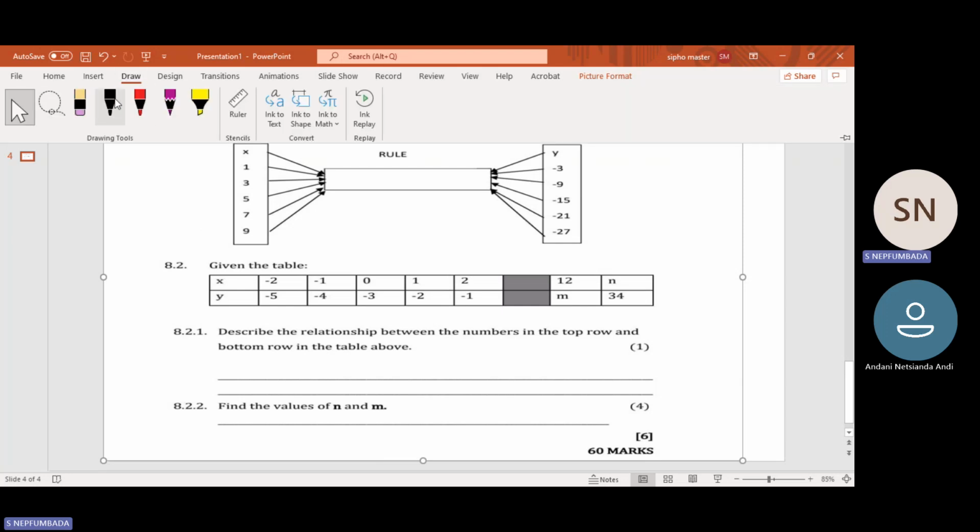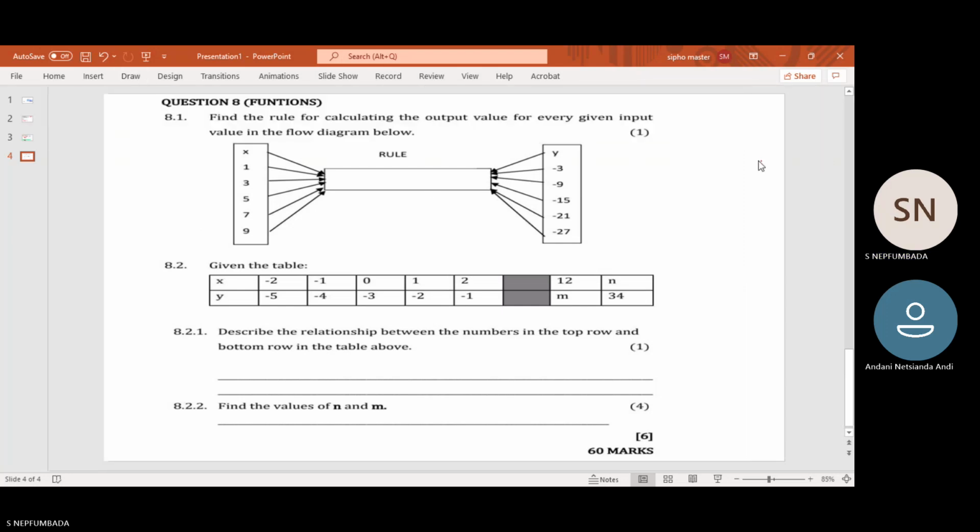The question says, find the rule for calculating the output value for every given input value in the following diagram. This is something else now. They say that we have to find the rule.